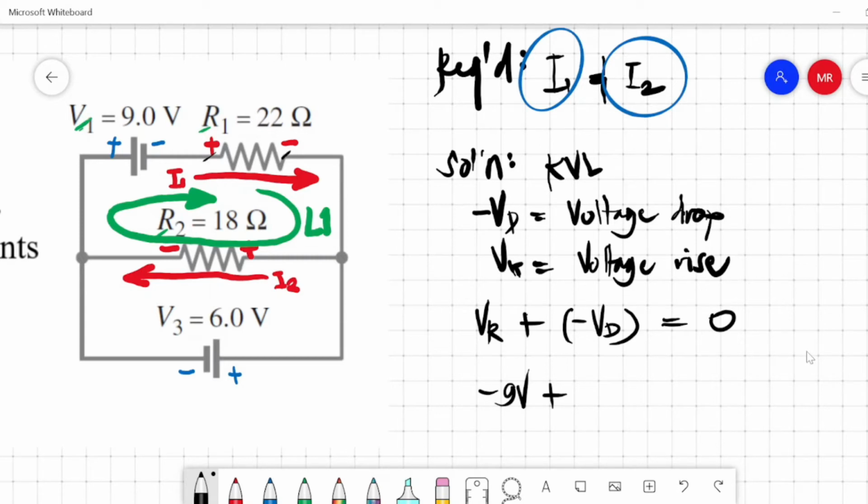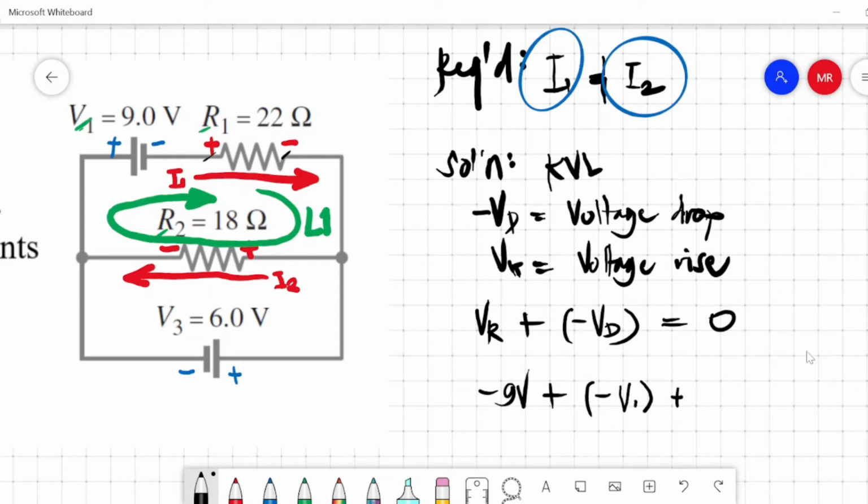Therefore, the voltage across R1 is also a negative potential, or a voltage drop: minus V1, or the voltage across resistor 1, plus... again, following the direction of our loop, for R2, voltage 2 will enter the positive terminal and leave the negative terminal.